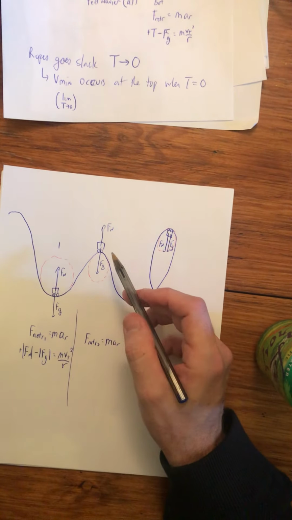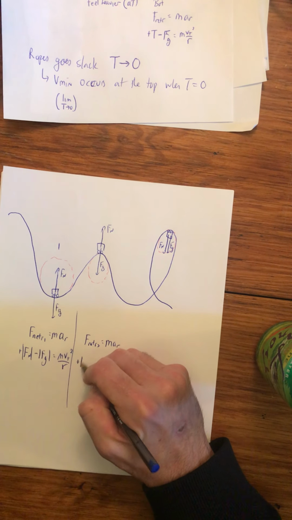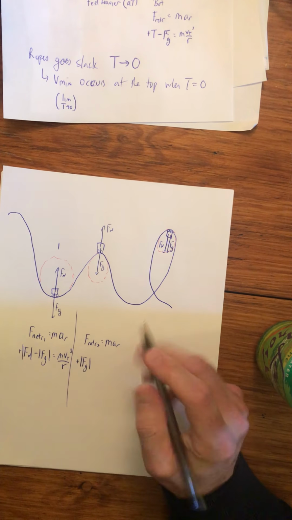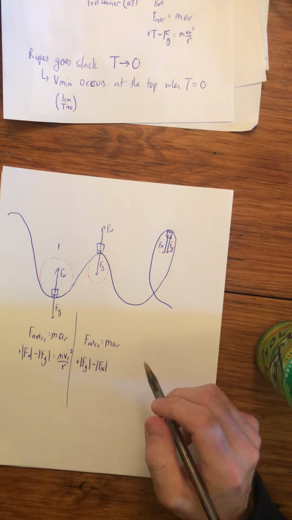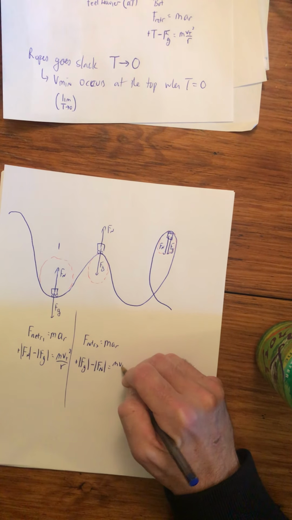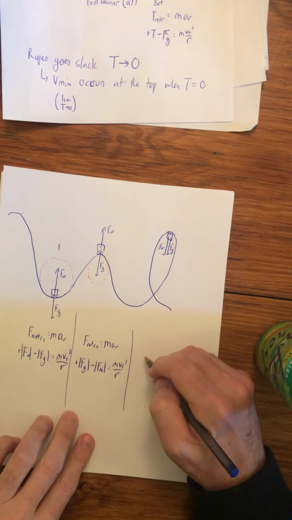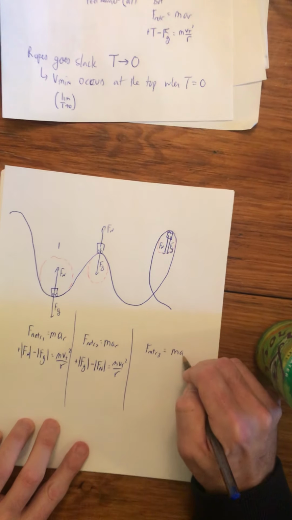Even though the free body diagram looks the same, the circle is in a different place. Now, Fg acts towards the center, but Fn acts radially outwards from the circle, so it's minus m v_t squared over r. And finally, F net R3 is equal to m a_R.